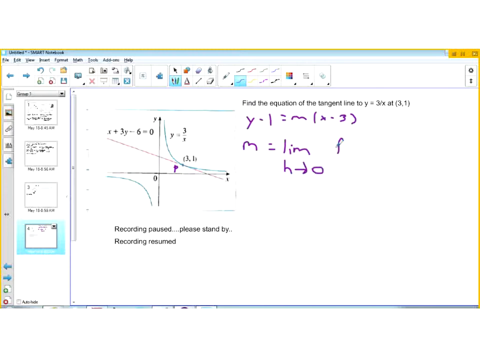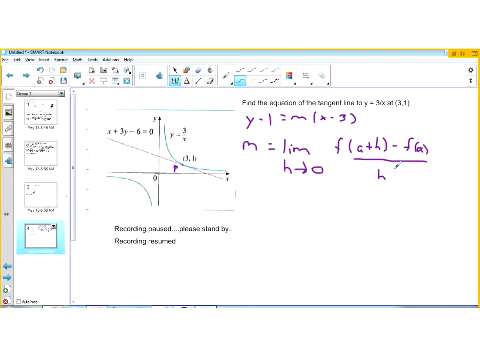We're not going to use delta y over delta x. We're going to use the difference quotient. And this is probably how we'll do it for the most part from here on out, although there will be a few occasions where we'll use delta y over delta x.